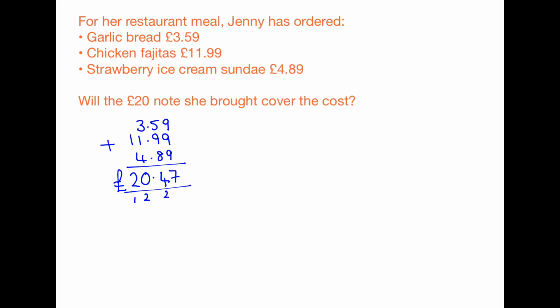So whenever you get a question like this in maths, the answer is never just yes or no. Okay? You can't just write that. You've got to explain. And you've got to say, no, because £20.47 is more than £20.